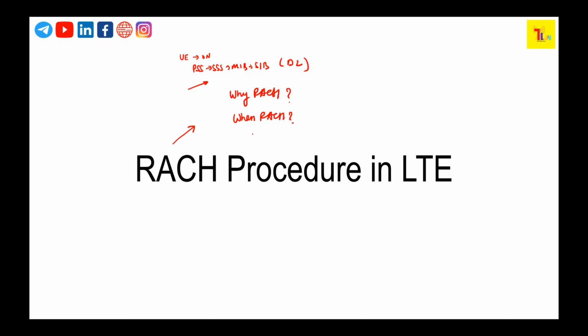Going forward, we have other questions also: why RACH, when RACH is going to happen, on which particular occasion, then types of RACH, and going forward we will see other topics related to this: preamble, preamble format, how this preamble is generated, when and where exactly we are going to transmit this RACH and this preamble.